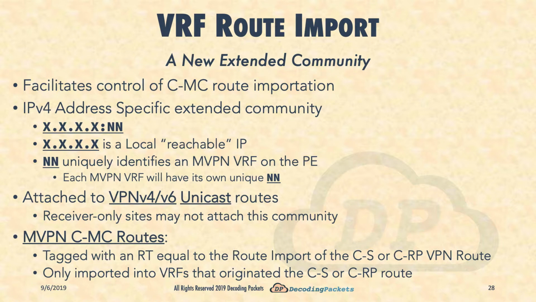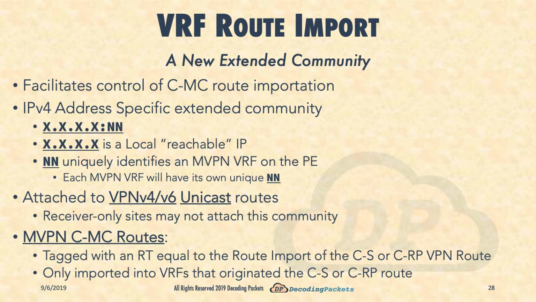So for example, a route target could be AS specific or in AS:NN format, or IPv4 address specific, which is IPv4 address:NN format. But for the route import, the only accepted legal structure is the IPv4 specific structure, so the IPv4 address:NN format. Furthermore, the IPv4 address must be a local address on the originating PE that is reachable, so probably derived from a loopback.